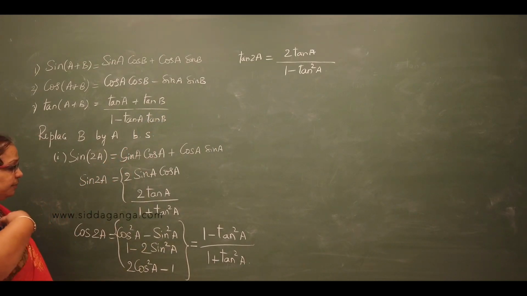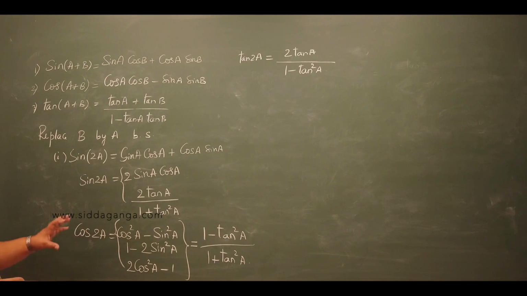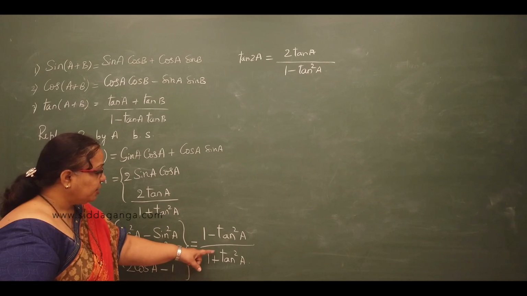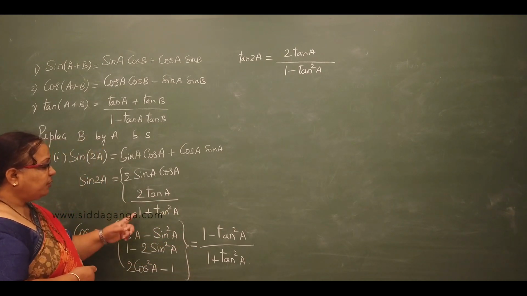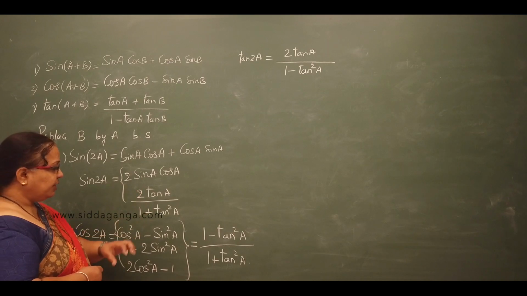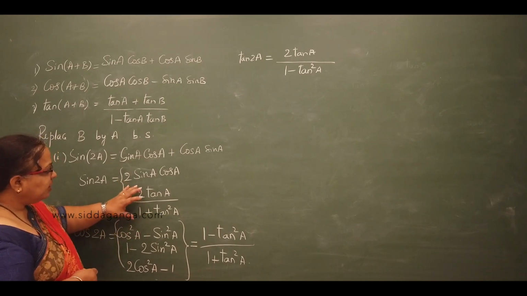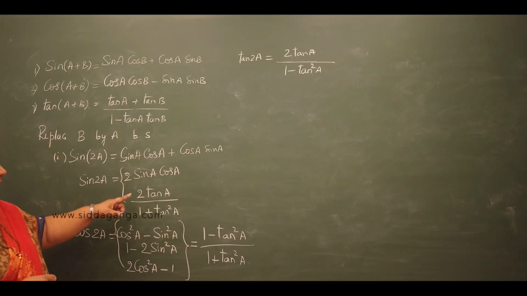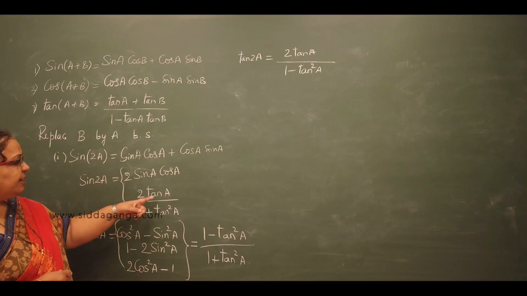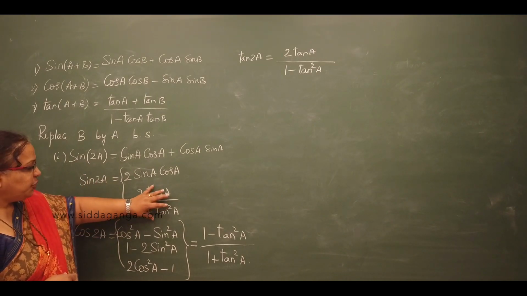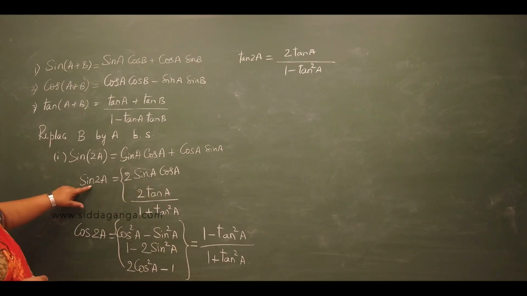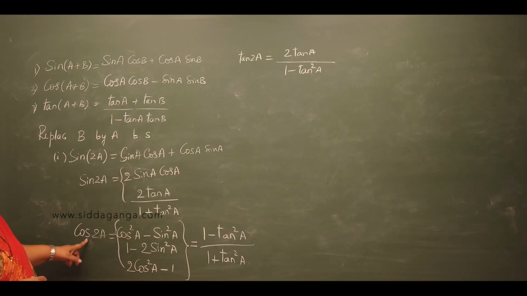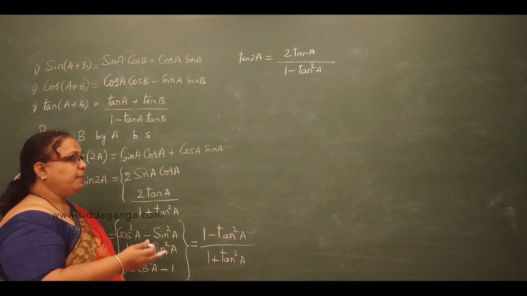So while solving inverse trigonometric functions, when taking the substitution, if we see the result in this form, we have to replace x by tan A. Then instead of this result we can write sine 2A, and instead of this result we can write cos 2A, and the problem will be simplified.